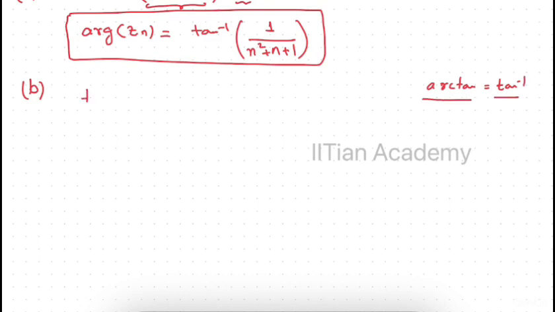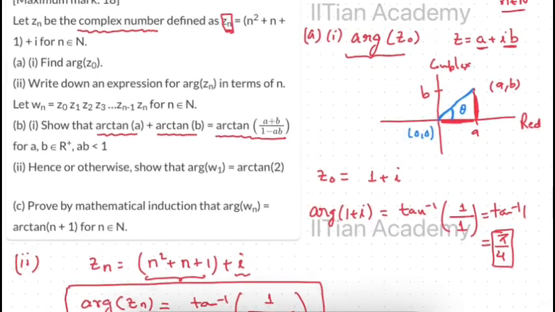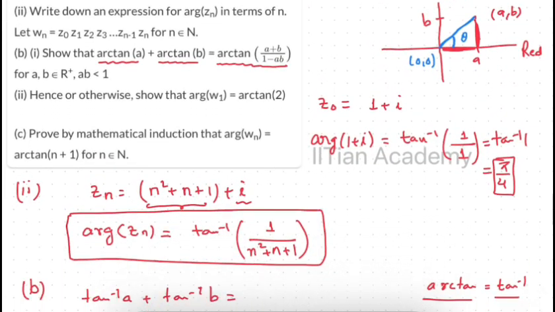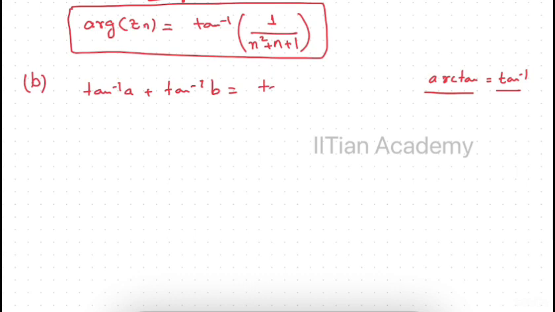So in the question we have to prove tan inverse A plus tan inverse B, that is arctan A plus arctan B, equals tan inverse of (A plus B) divided by (1 minus AB). Let us start with a simple formula.